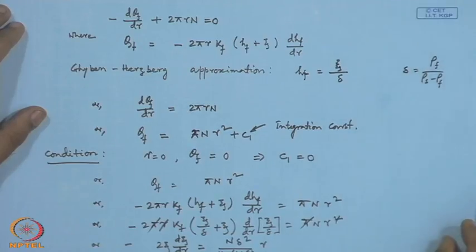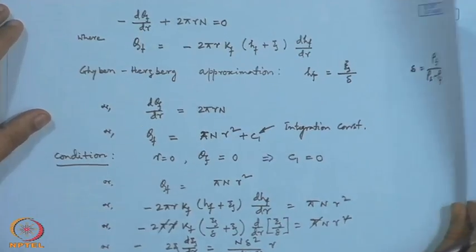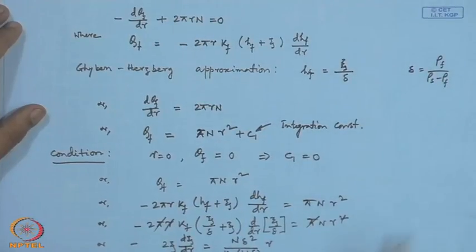So, with this thing, delta square and n r we have.